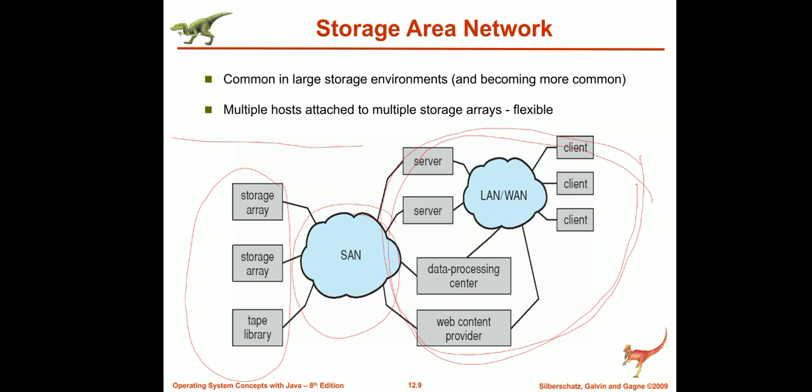If a host is running low on disk space, if a particular host does not have enough space, then SAN can be configured to allocate more storage to that host. So if any host is running out of disk space, SAN will step in to allocate more storage space to that host.